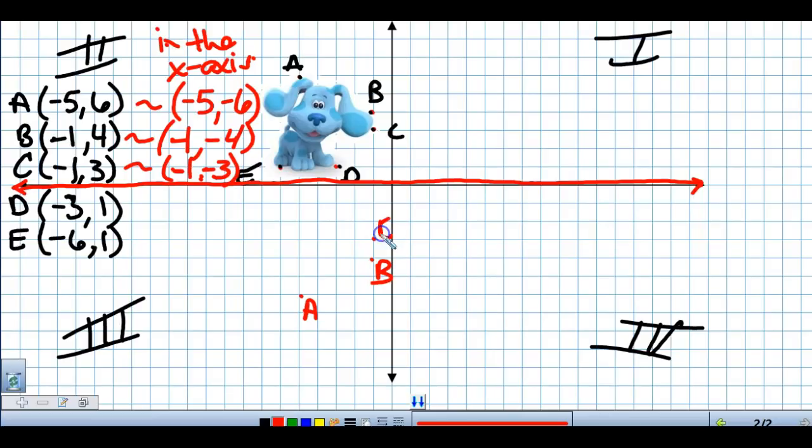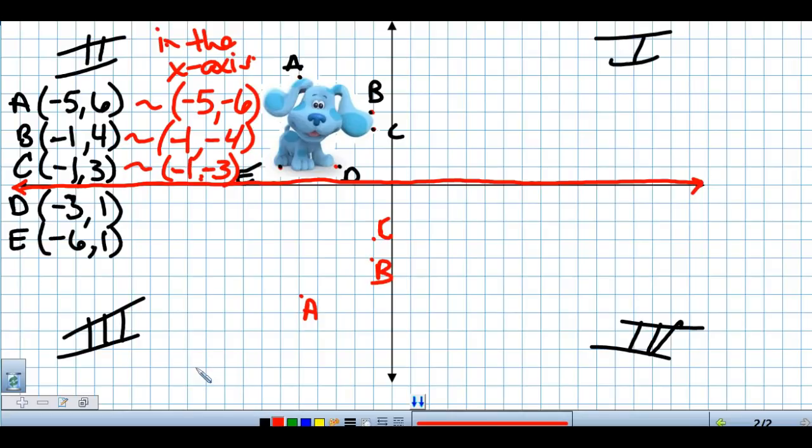Now, I'm going to go ahead and stop here. If you notice, B was on top at first, and now B is on bottom. What happened? Because we reflected a figure about the x-axis, it ends up becoming upside down.